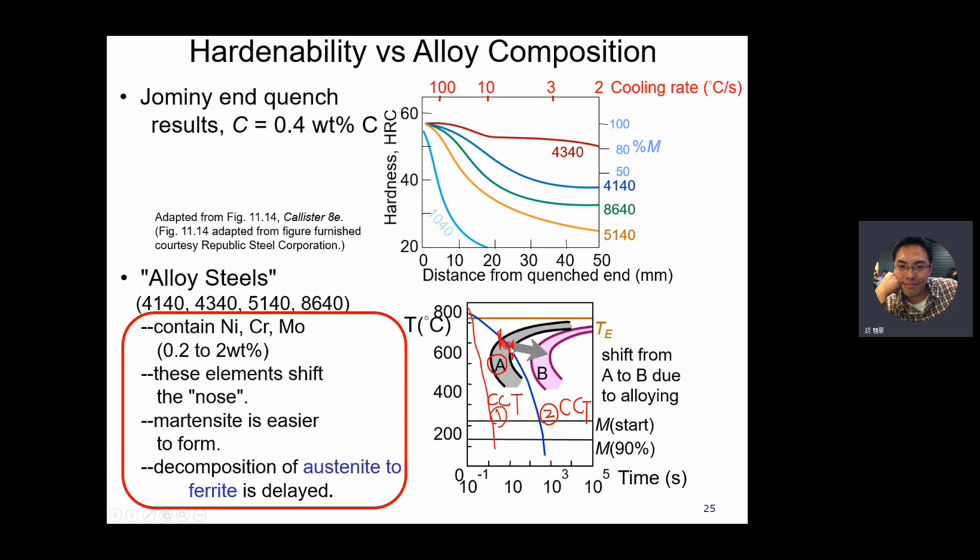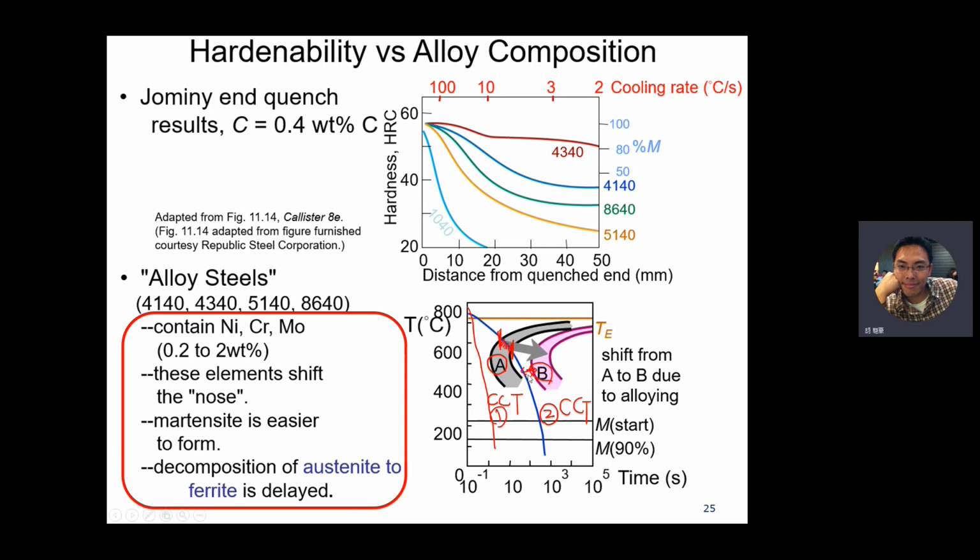The martensite structure will form, right? Why? Because the curve shifts from A to B, and for this blue curve, there's no contact with the nose of curve B. There's no contact, so there's a distance right here.